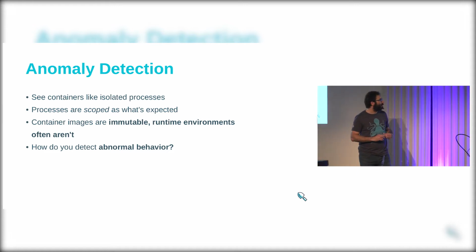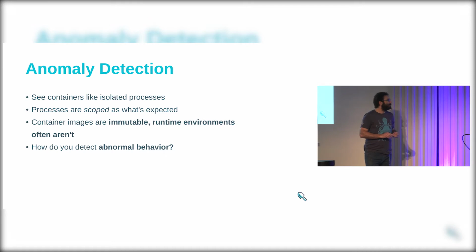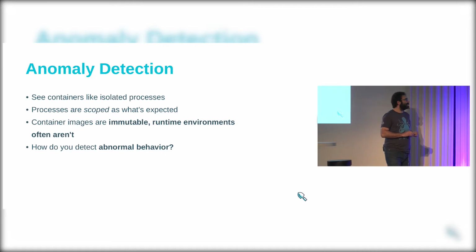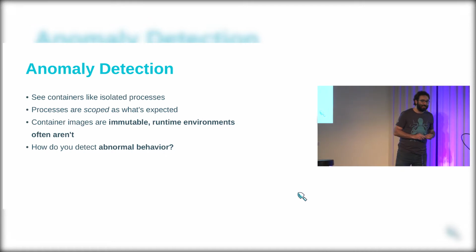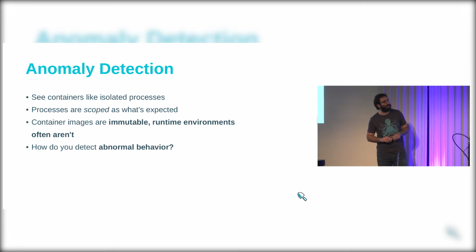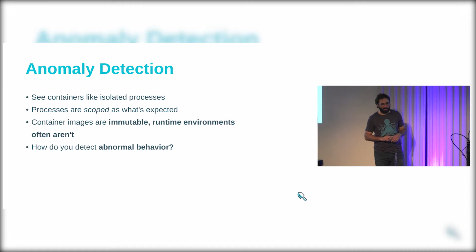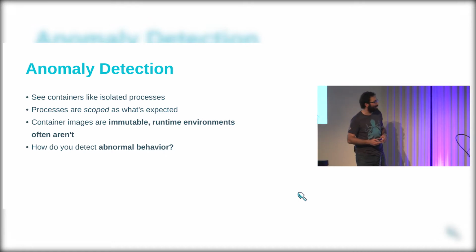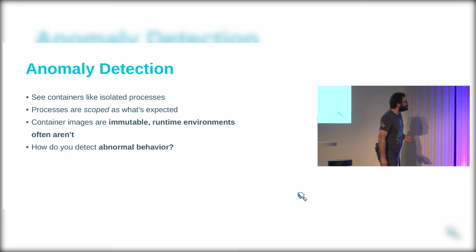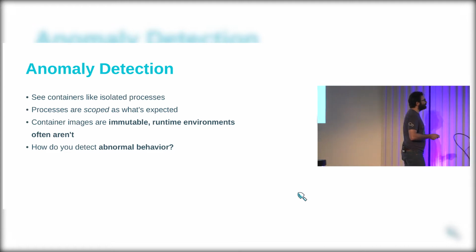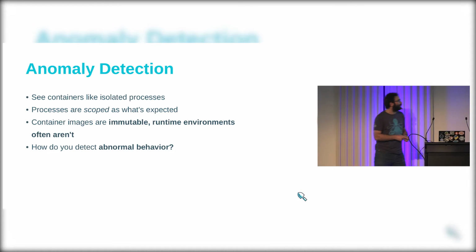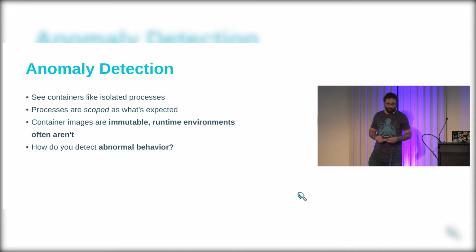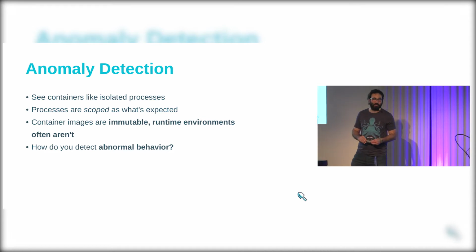Perhaps you already know that you can see containers as some kind of isolated process. In fact, in the Linux kernel there is no container abstraction. It's just a process with its cgroups and its namespaces. Also, repeating what I said before, the images are immutable, the containers are not.